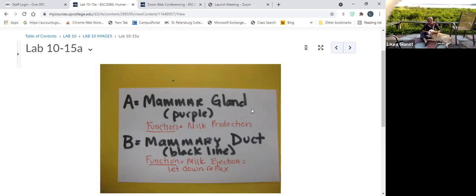So you might want to just write that in the side now. And then the mammary ducts are the black lines. They transport milk from the mammary gland to the surface of the body. Milk ejection and milk letdown. And the mammary ducts are targeted by oxytocin, so OT.